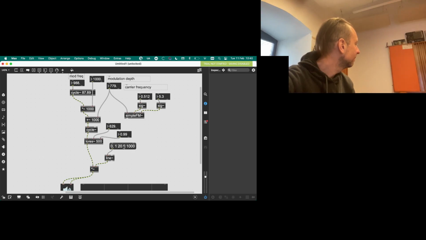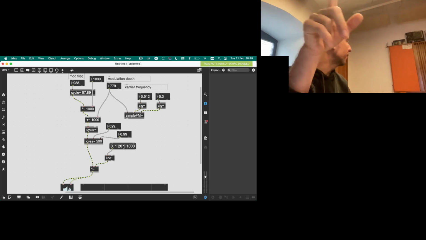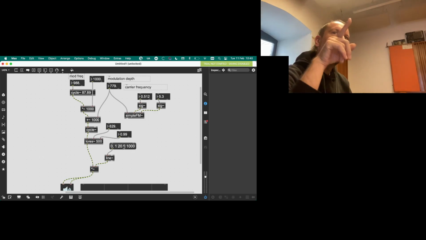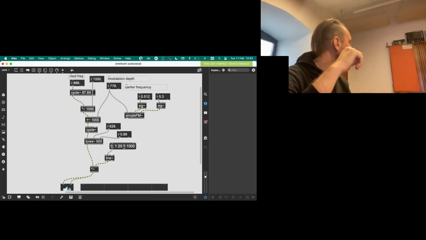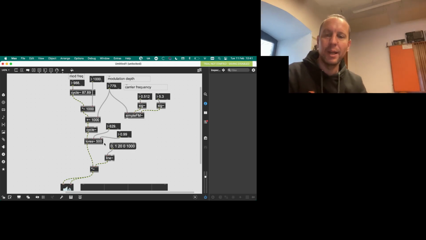Add some noise. Now, obviously, I could add noise separately, but the interesting thing, the reason I'm showing you this, is that I can insert noise and replace some of the oscillators with a noise oscillator. What you've seen me do at the beginning, I've taken a sample and held noise for any of the oscillators. So let's do that again.